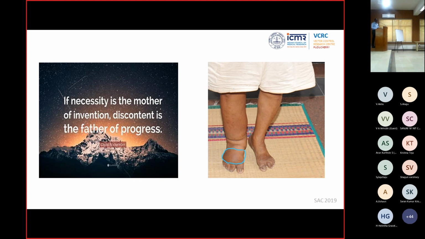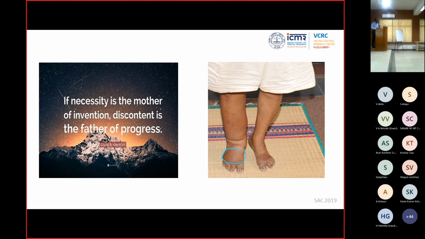But this patient once told me that though I am able to get some relief, an acceptable level of relief in my swelling above the ankle, if I have a technique that can push my fluid from the foot, it will be very, very useful for me.